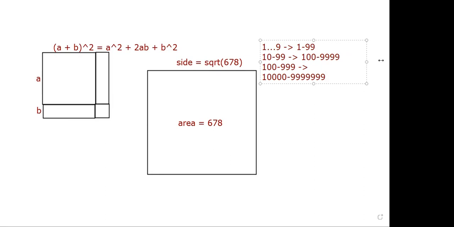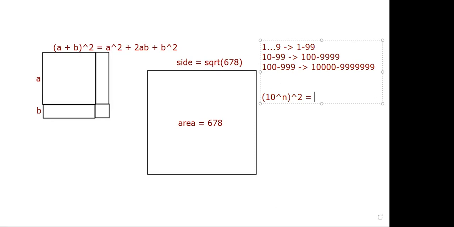So you clearly get a pattern like this, and some of this is pretty obvious because if you have 10^n and you are squaring that, you will get 10^(2n), right? This kind of holds no matter what n is.